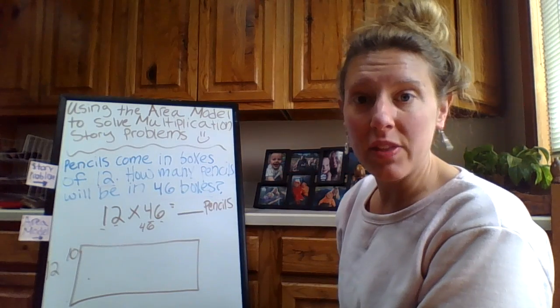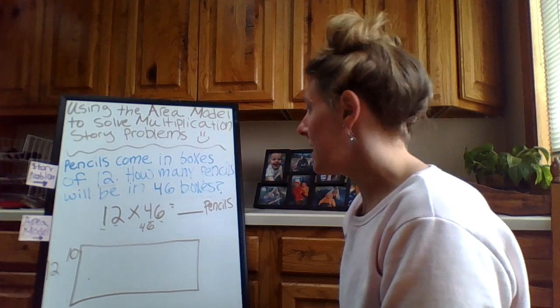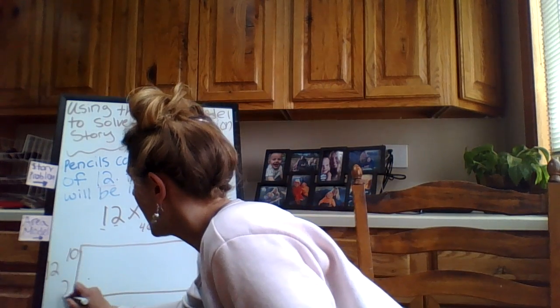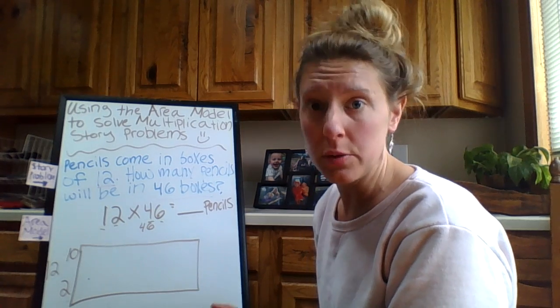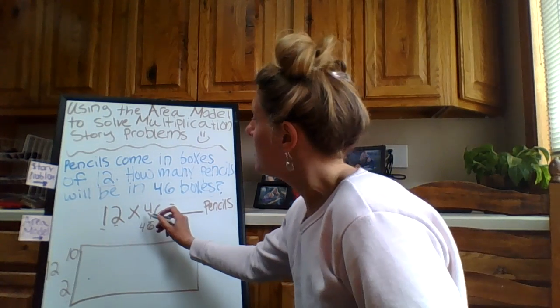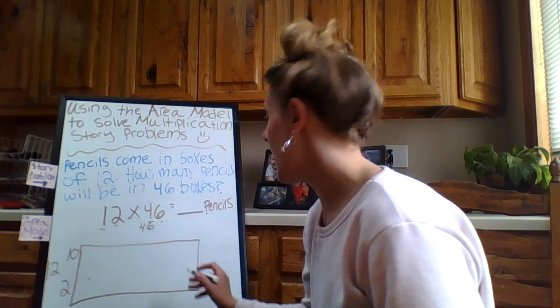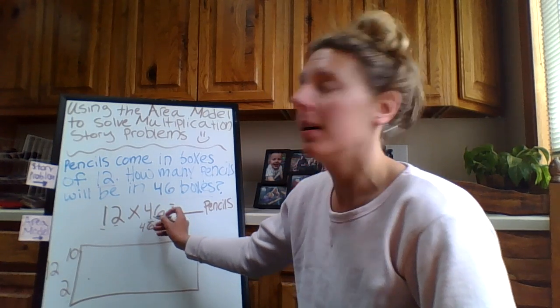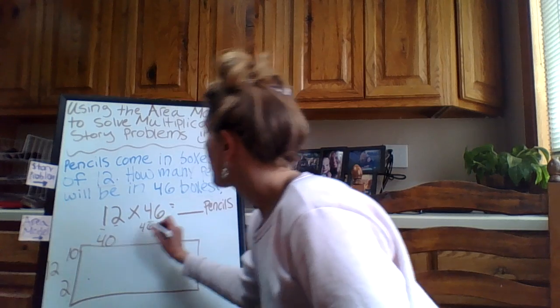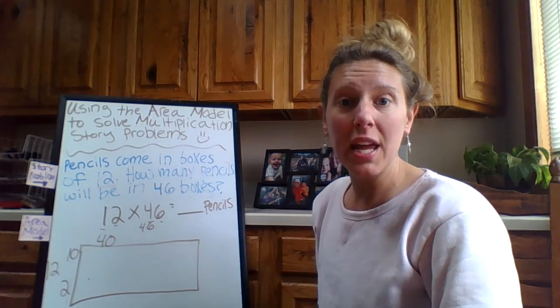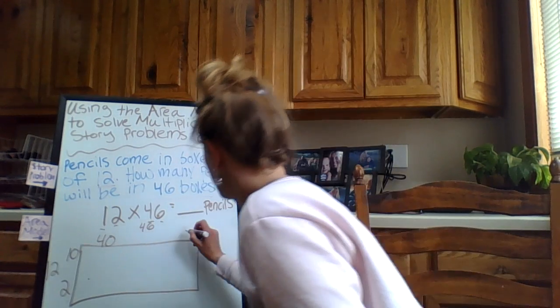So I can write that there. And then underneath the 10, I'm going to write 2 because the 2 is in the 1's place, so its value is 2. And then 46 across the top, I'm going to do the same thing. The 4 is in the 10's place, so it's worth 40. And then the 6 is in the 1's place, so it is worth 6.